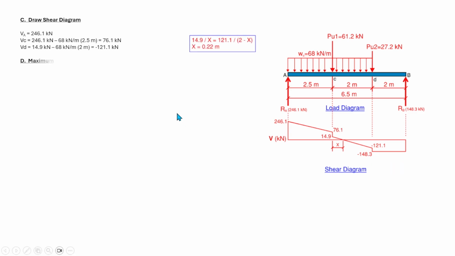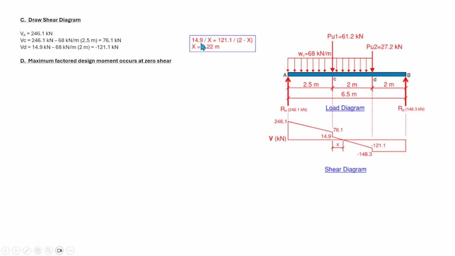Before we calculate the maximum design moment, we need to first determine the location of zero shear, because that is the location of our maximum moment. To determine the location of zero shear, we need to calculate the value of x by ratio and proportion.